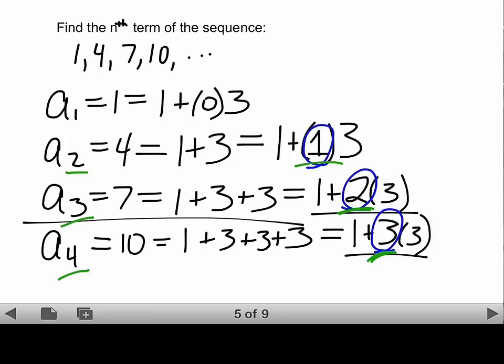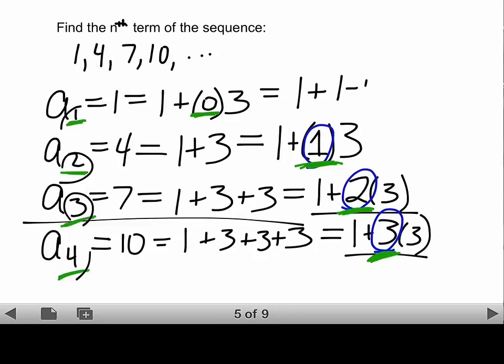Seems like each time I have a multiple of 3, the multiple that I have is 1 less than the index or the subscript. That works for a sub 1 as well. It's 0 times 3. So now I want to try to write this down in such a way where I'm incorporating each of these indices, right? Each of these subscripts. So for a sub 1, how can I write down 0 using a 1?